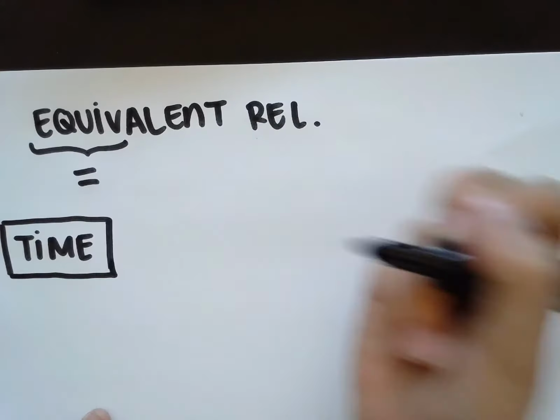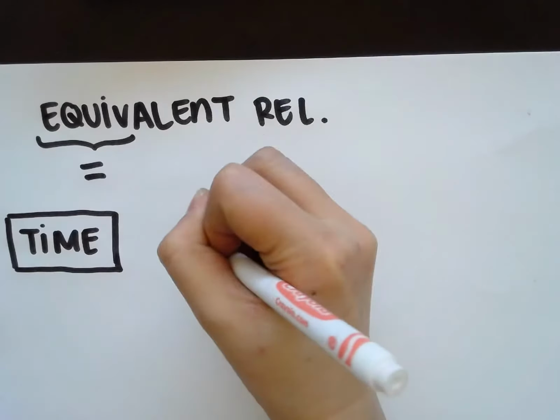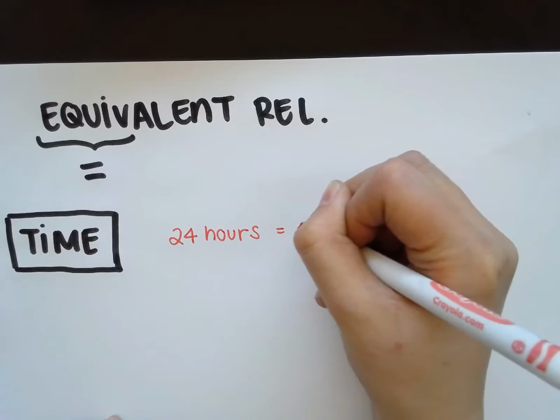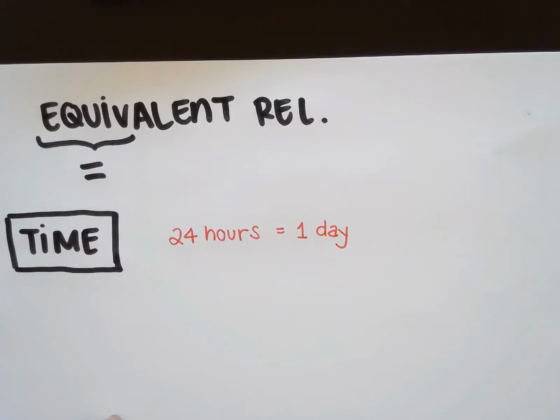If I wanted equal measurements of time, I could say, for example, that there are 24 hours is equal to the amount of time that passes in a day.